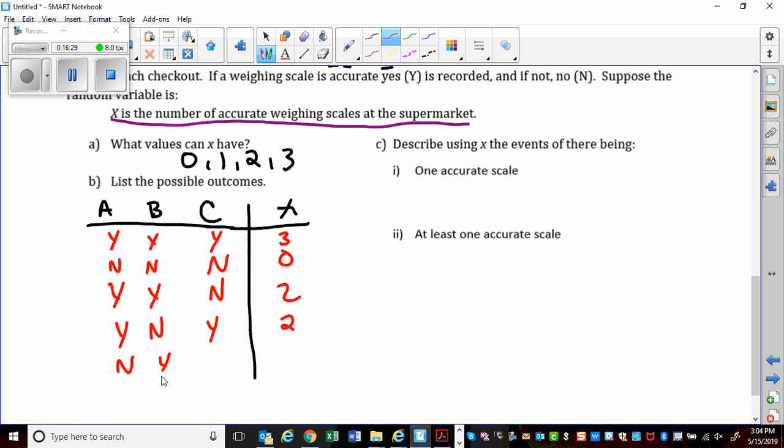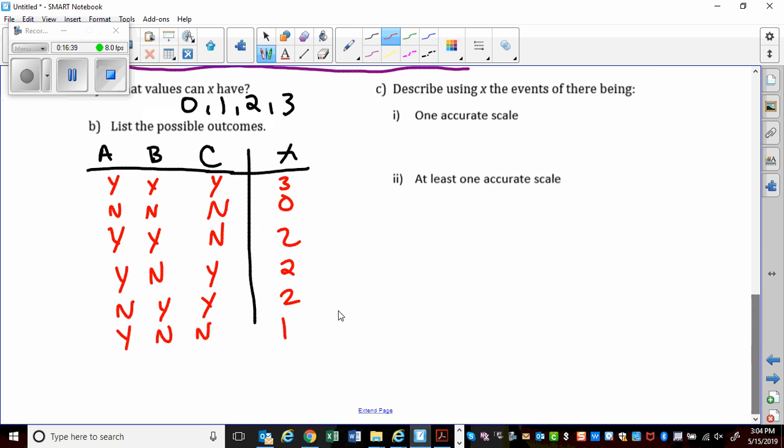No, yes, yes. I guess the rest would have to be 1s, right? Yes, no, no would be 1 of them working. No, yes, no would also be 1. No, no, yes would also be 1. Okay?